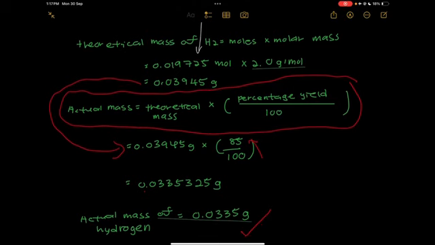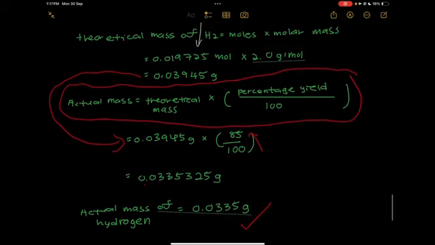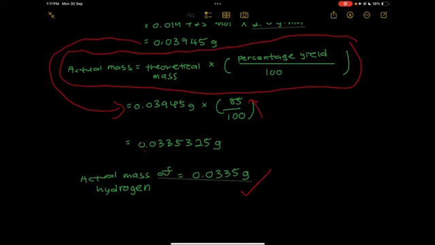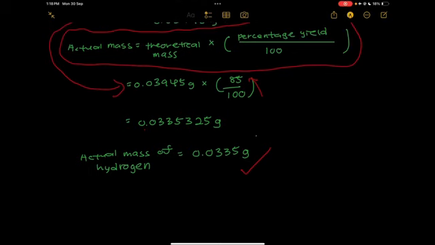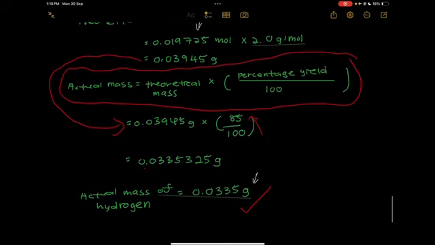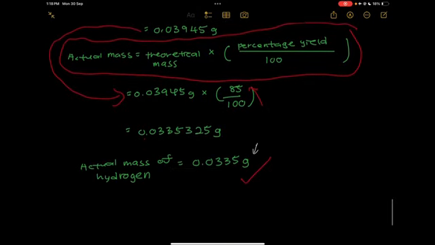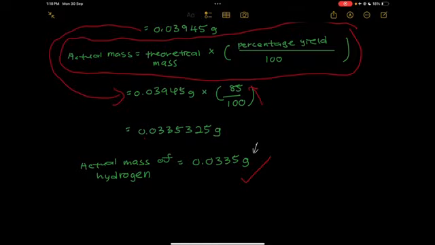So after using the theoretical mass 0.03945 gram multiplied by percentage yield 85 divided by 100, as we refer to the question, we will get the answer for the actual mass of hydrogen, 0.0335325 gram. Lastly, don't forget the SI unit. So I just want to give a tip: if we do all the questions, don't forget the SI unit.